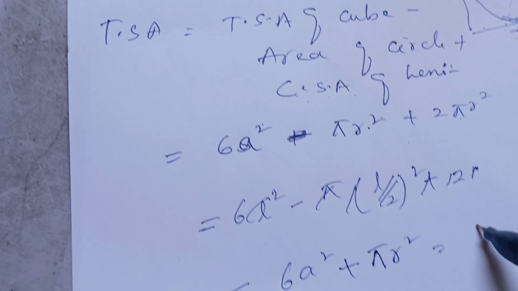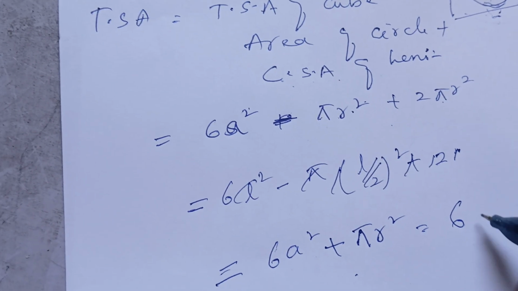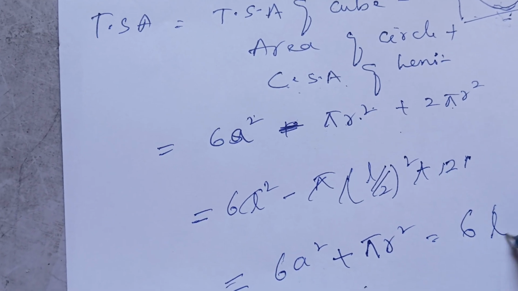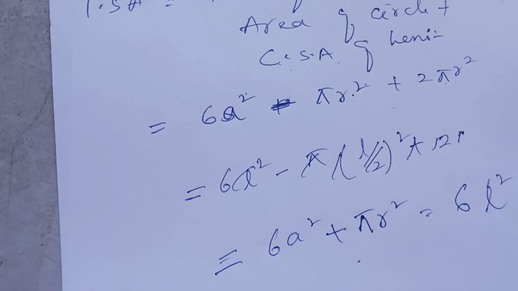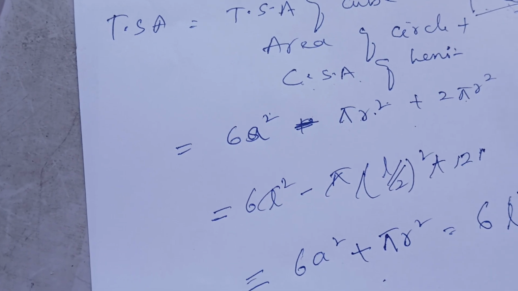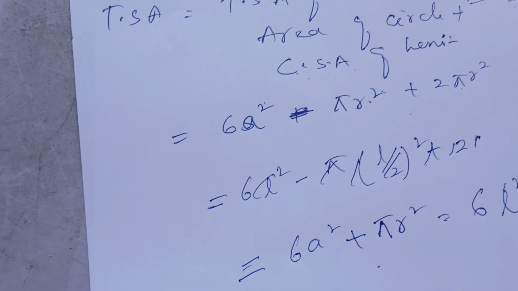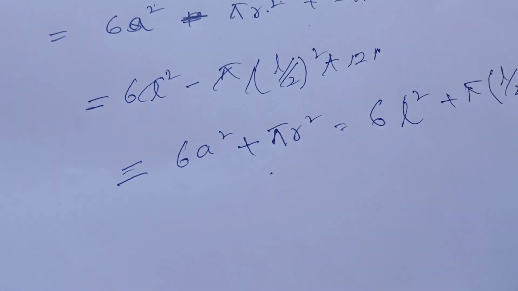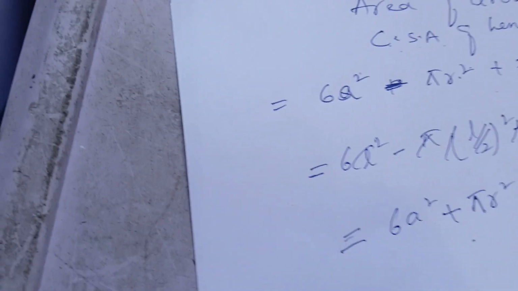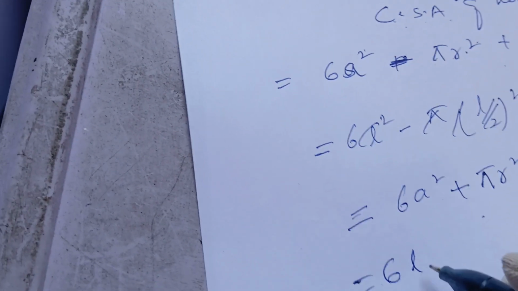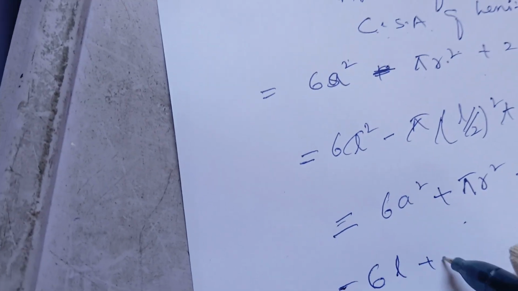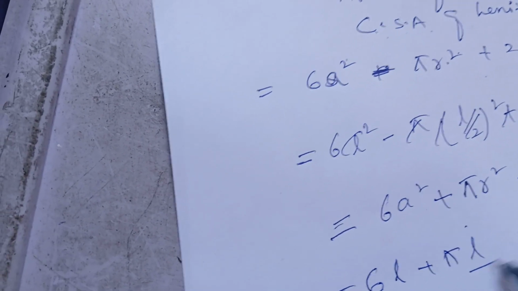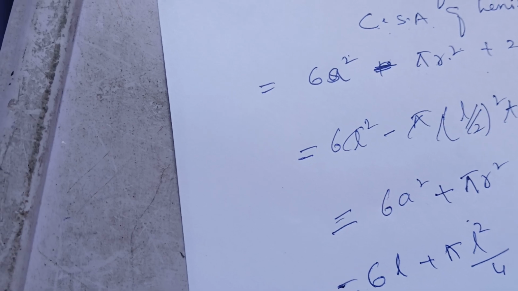So here we can take the value 6L square plus pi times L by 2 squared. So we get 6L square plus pi L square by 4.